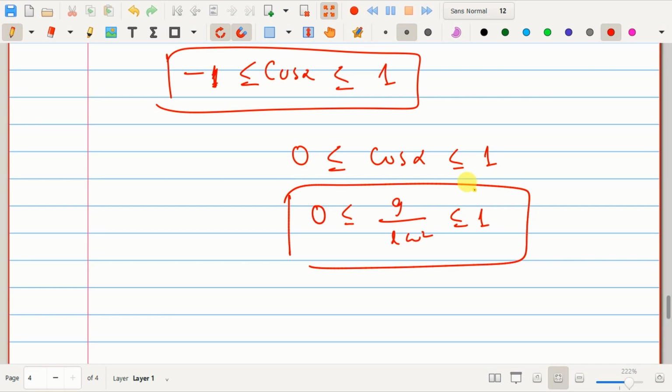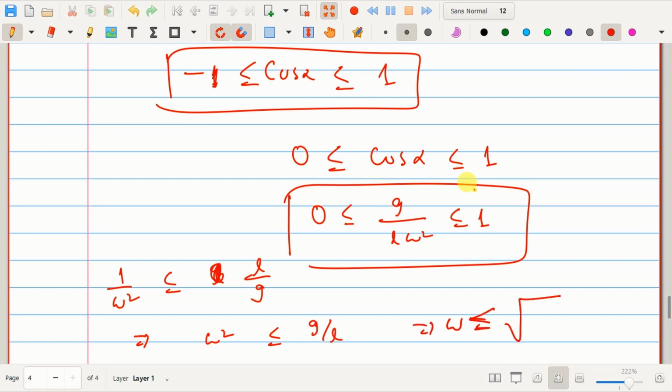So 1 over omega square is less than l over g. If you reverse it, we can write omega square is less than g over l, therefore omega has to be less than or equal to square root of g over l.